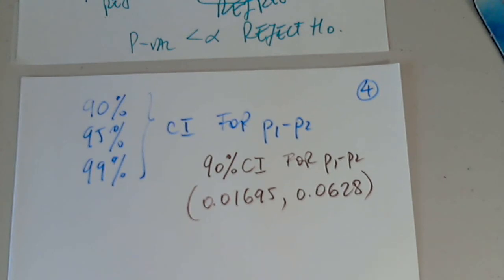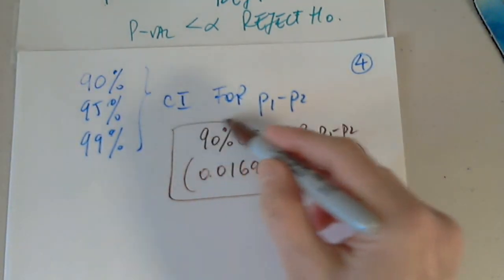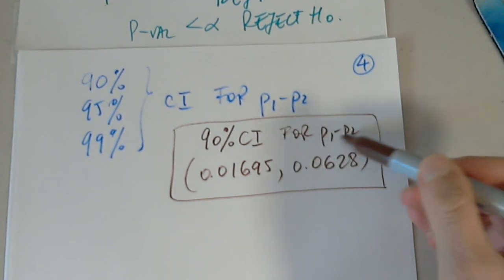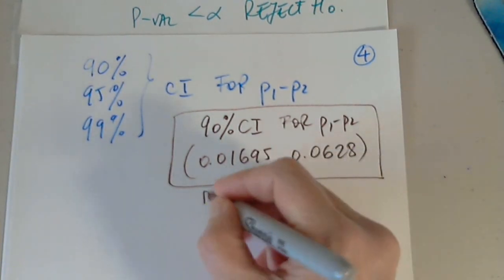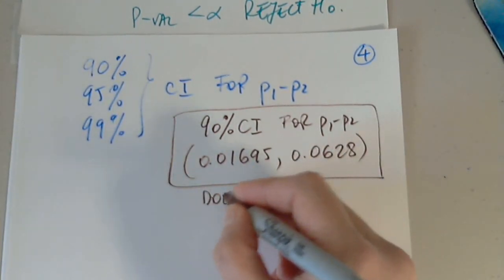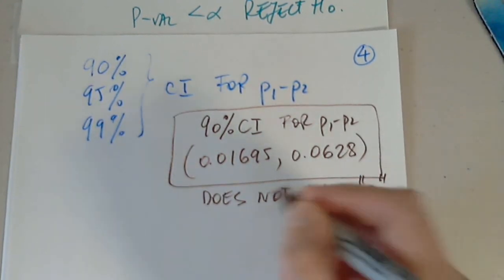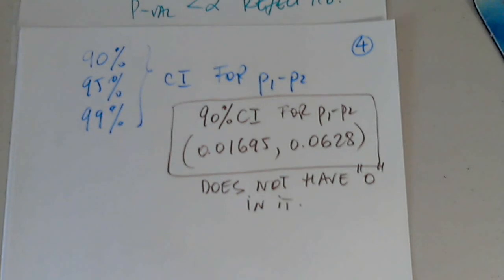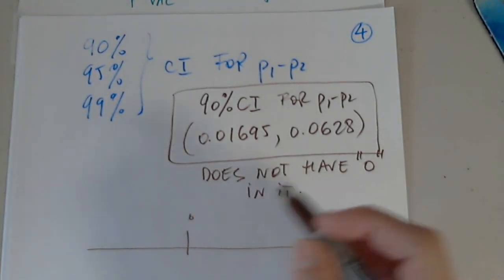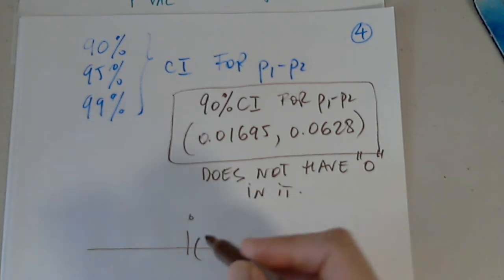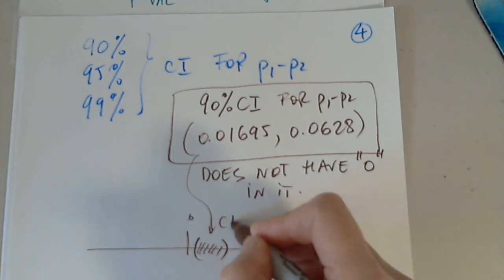So here's what is important to understand. Whenever we determine the confidence interval for the difference of the two proportions, this confidence interval does not, as you see, have 0 in it. If I look at a real line, 0 is here, and the confidence interval is somewhere here. This is the confidence interval.